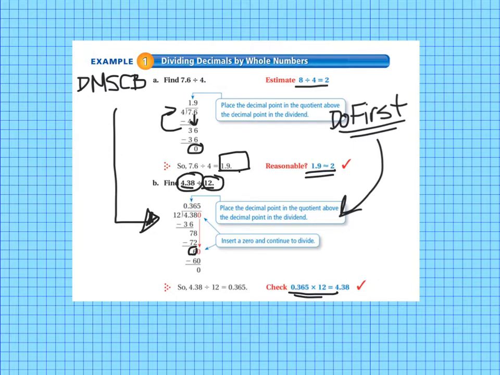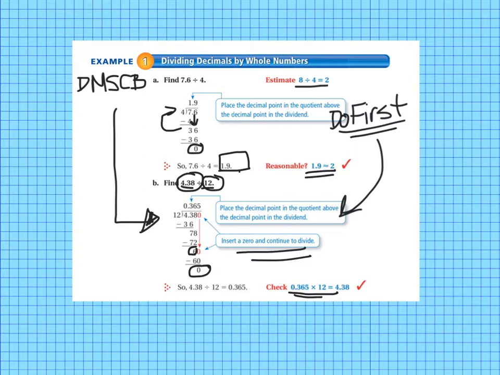So you have to add a 0, and then you say, well, 12 goes into 60 5 times, and that gives me a remainder of 0. So remember to do this step, to keep going either until your decimal repeats or until it resolves itself and your remainder is 0.